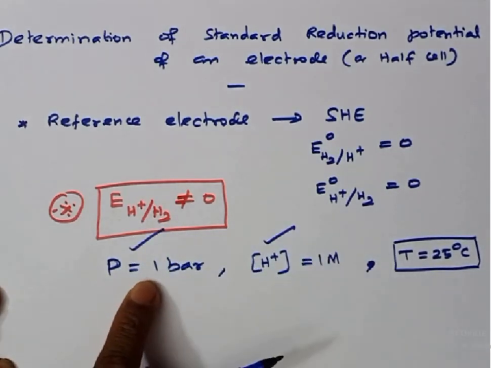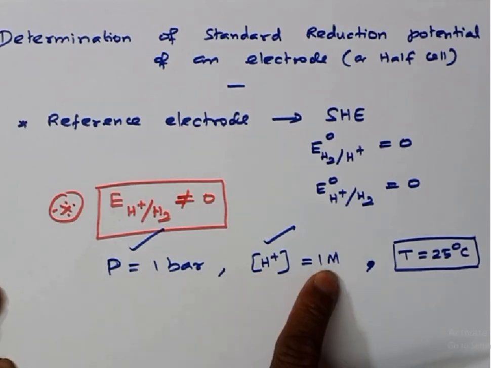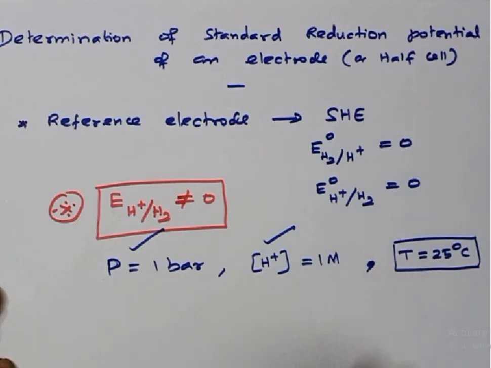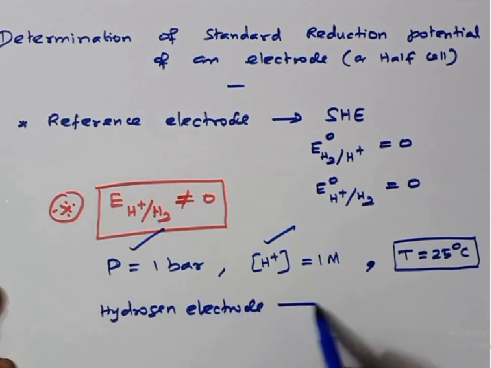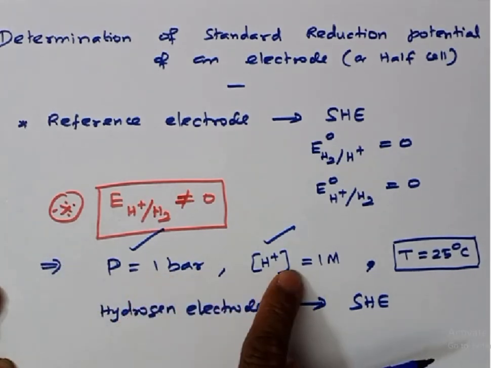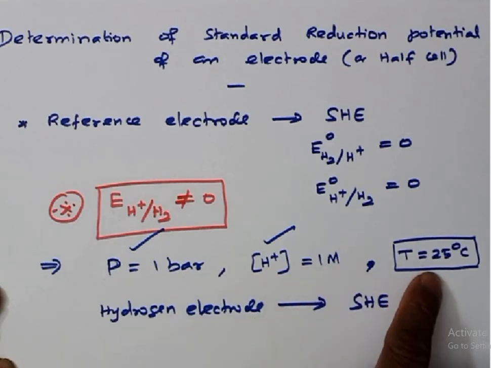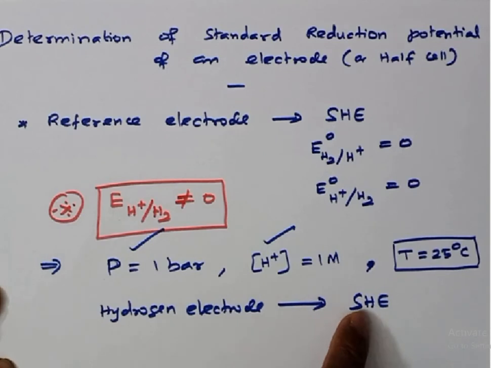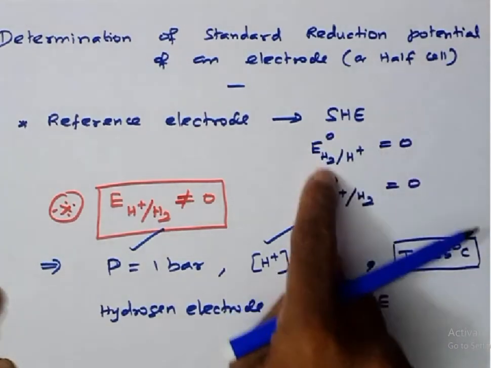If you maintain pressure as 1 bar and H plus concentration as 1 molarity, and conventionally 25 degrees Celsius, so if you fix all these three quantities, then the hydrogen electrode becomes the standard hydrogen electrode. Remember this, it is very important. For the standard hydrogen electrode, the potentials are 0.